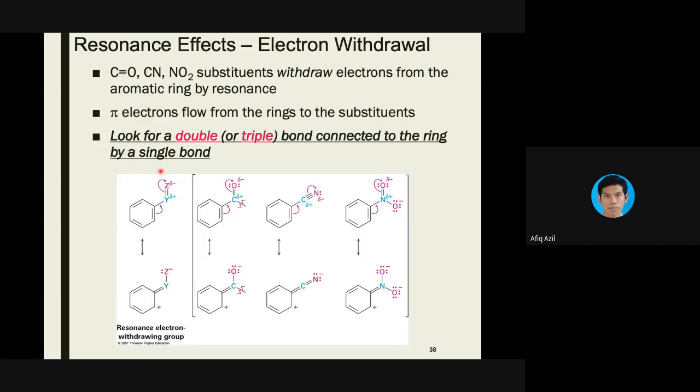So look for a double or triple bond connected to the ring by a single bond. Then this is the ring. It forms resonance structures, but it pulls electrons from the ring. You see the arrow is moving from the ring. So this is electron withdrawal.